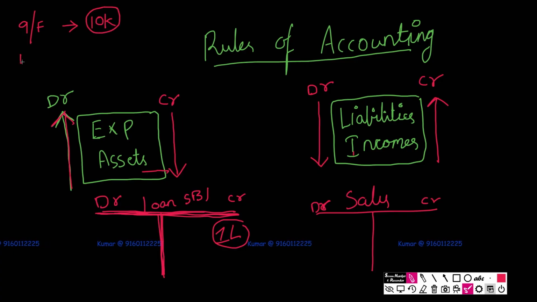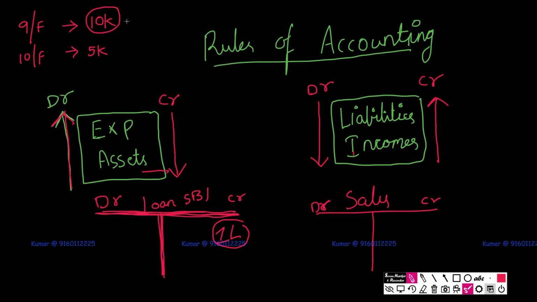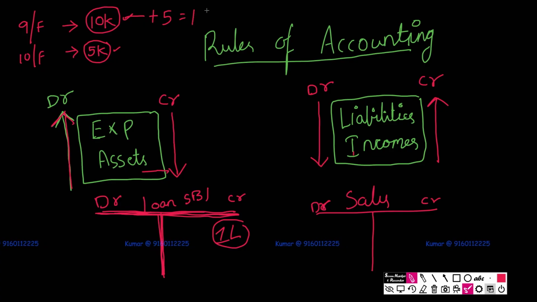Now on 10th February, in the morning only, not the entire day, I sold goods worth 5,000. Now have the sales increased or decreased? Previously it was 10,000. Now I sold another 5,000, so it becomes 15,000 today in the morning.